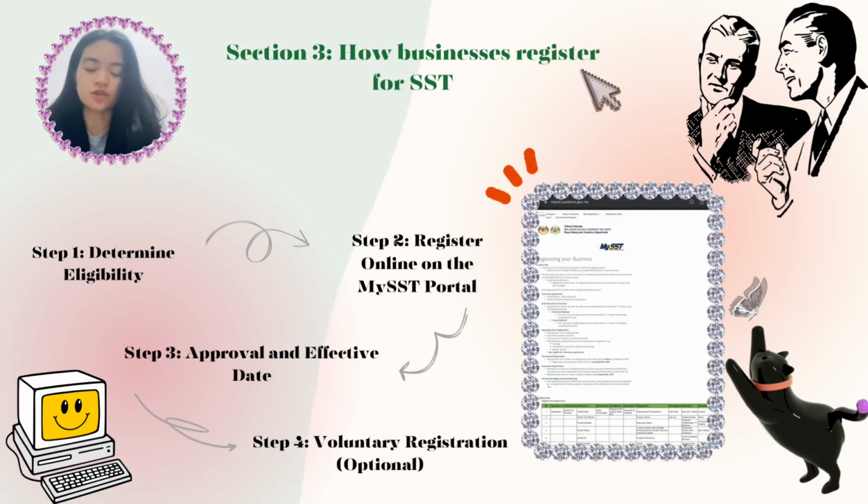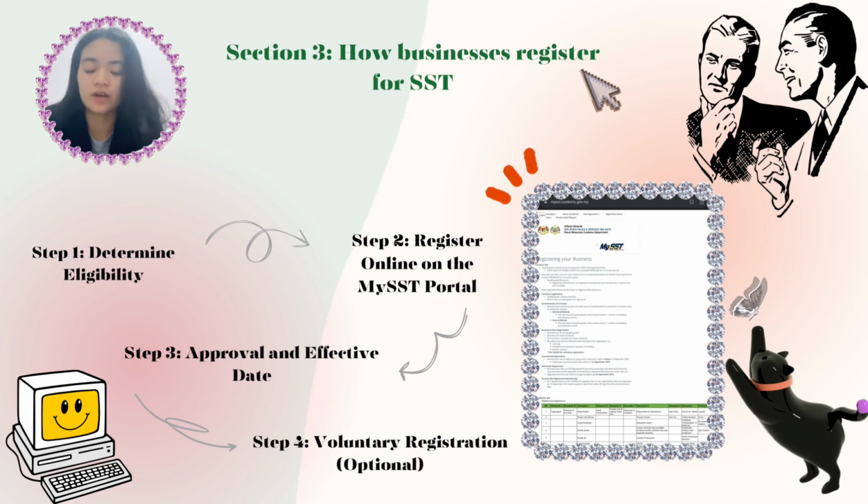So for the third section, which is how businesses are registered for SST, I will guide you through the process of registration for the SST in Malaysia. For the first step, which is to determine eligibility, check whether your business needs to register. This depends on your annual taxable turnover.